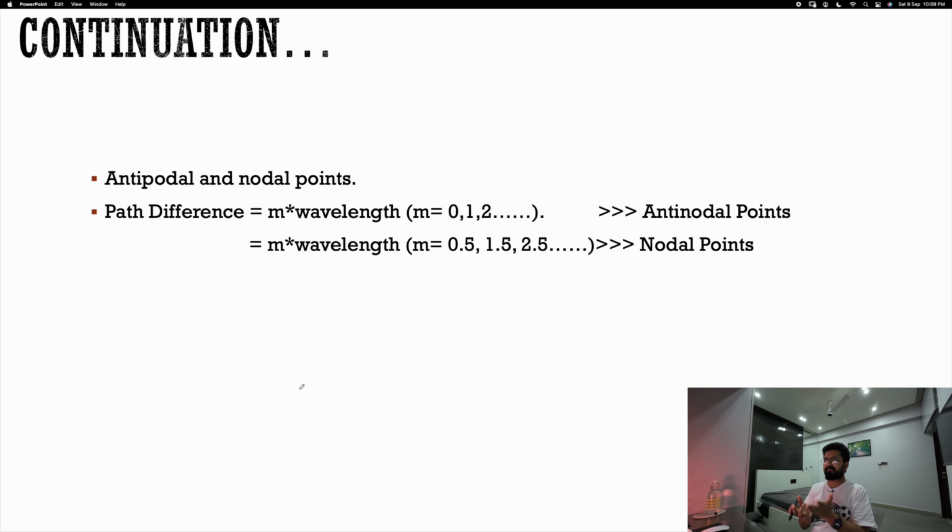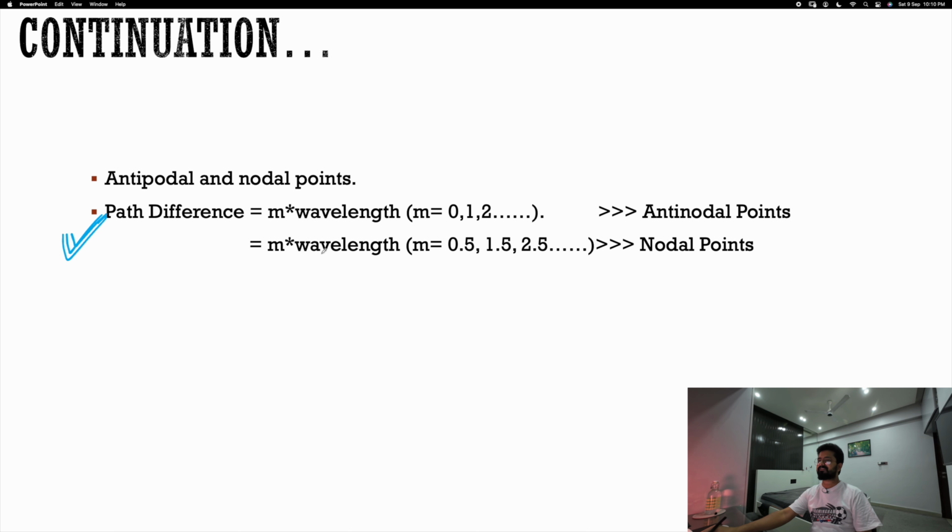So that's all about where two sources cause interference. Yes, two sources when causing interference lead to destructive and constructive interference. The line where you have constructive interference happening, antinodal points, and the point where you have destructive interference happening, nodal points, right? So that's the conclusion we can make here.